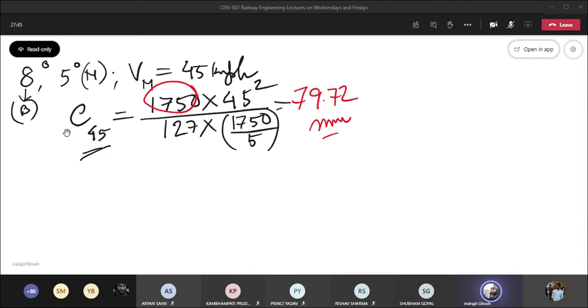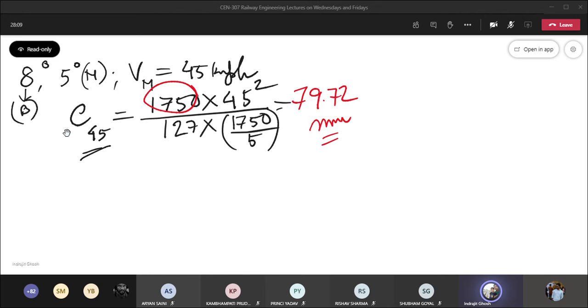So again, remember the formula of cant deficiency. Cant deficiency is equal to cant required for the maximum speed minus actual cant. Is the cant deficiency value given anywhere?